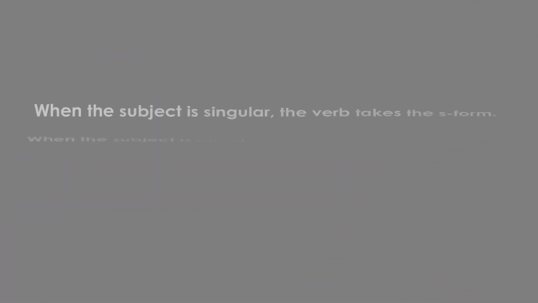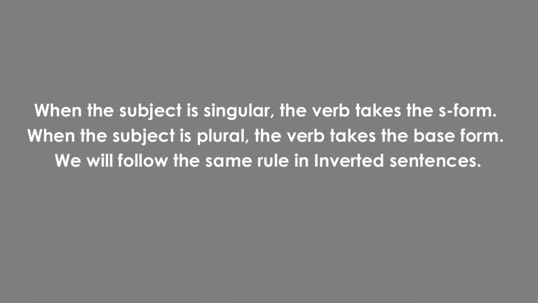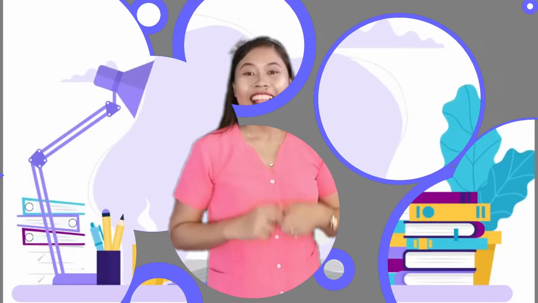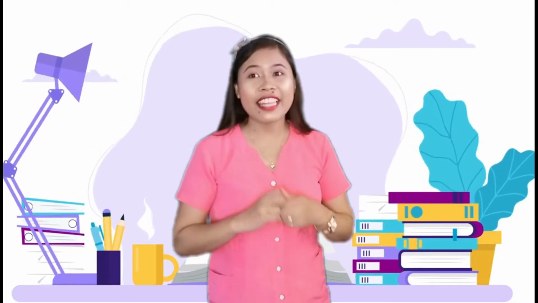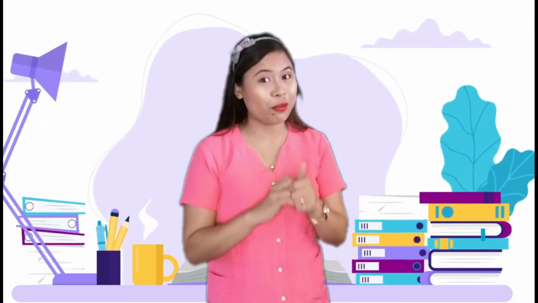In your previous lessons, you learned that when the subject is singular, the verb takes the S form. When the subject is plural, the verb takes the base form. We will follow the same rule in inverted sentences. Let's take a look at our sample sentence once again and see whether the subject and the verb agree.